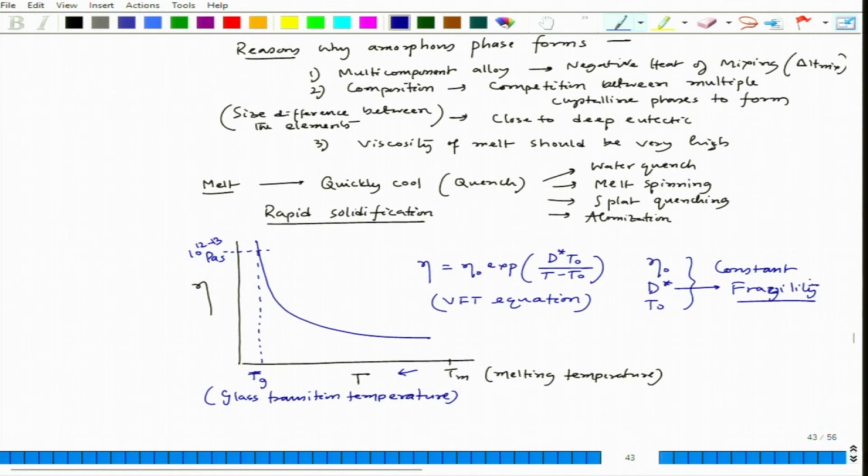Now, this fragility term tells whether the material would form glass easily, that means at a slower cooling rate, or whether the material would form glass only at a higher cooling rate.